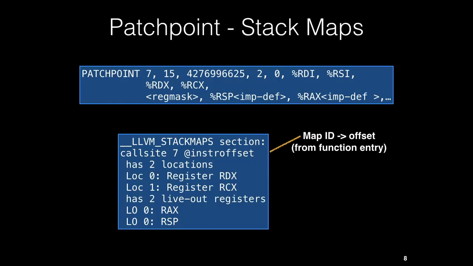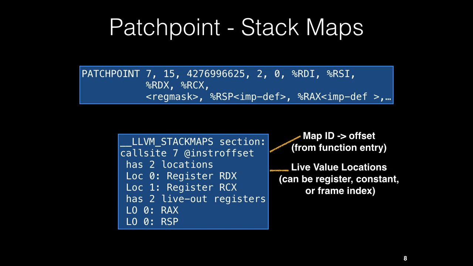Besides all this information, we emit an additional section called the stack map section. The stack map section records every patchpoint call site. It tells you where it is, so you know where you have to patch the code later on. And it records the locations of the live values you were interested in.